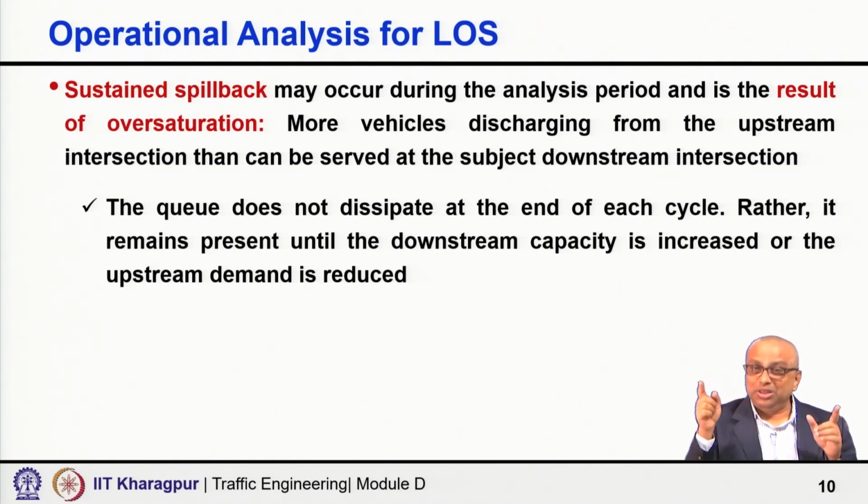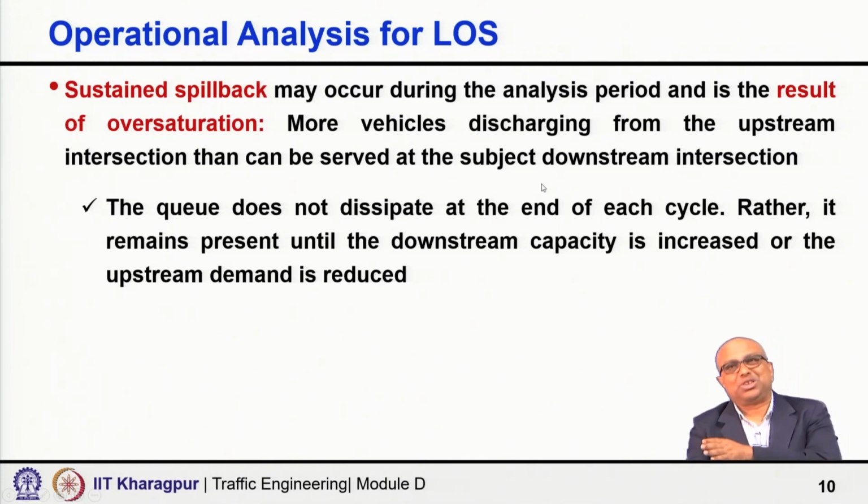But during this analysis period, the queue spillback dissipating at the end of every cycle is not happening. It is getting accumulated because there is overall oversaturation. As I said, more vehicles are discharging from the upstream intersection than what can be served at the subject downstream intersection.